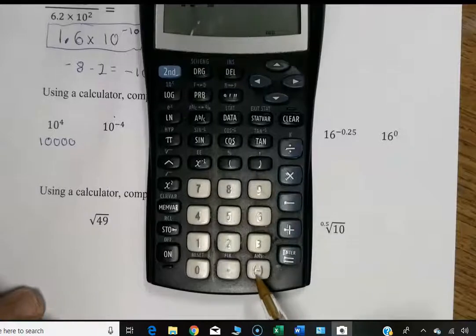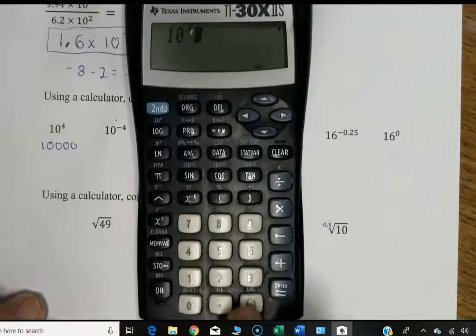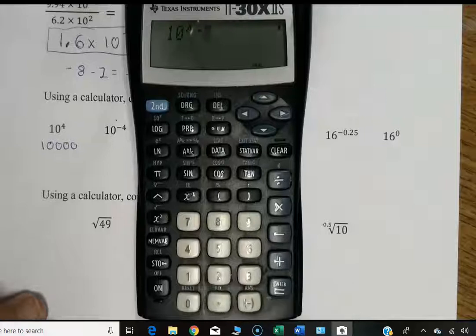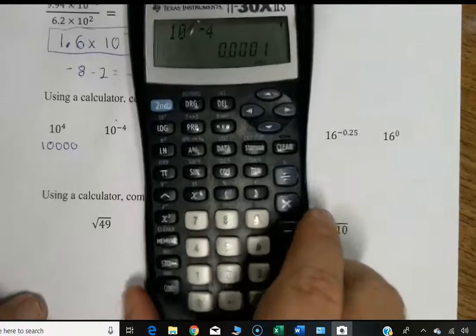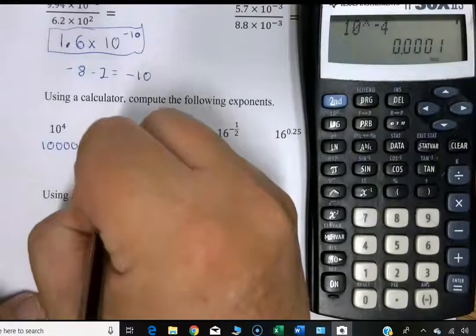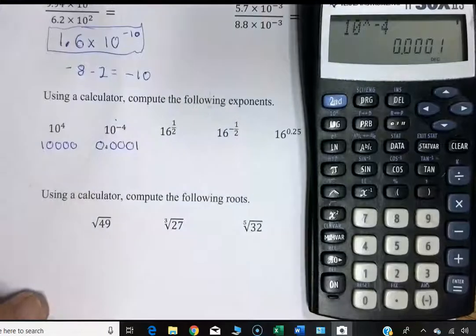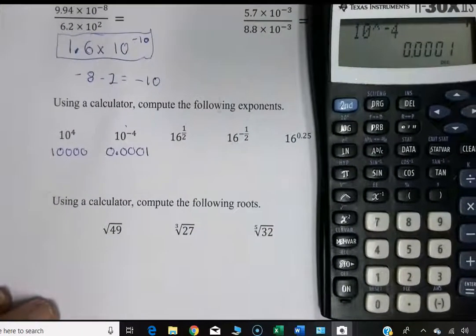You use this down here. Okay, so let me bring it back on screen. So I'm pushing the negative sign button at the bottom, and the 4, and then I hit enter, and I get 0.0001. And again, the leading 0 is done by convention. Get used to doing it. It's not a significant figure, and we'll talk about that very soon.